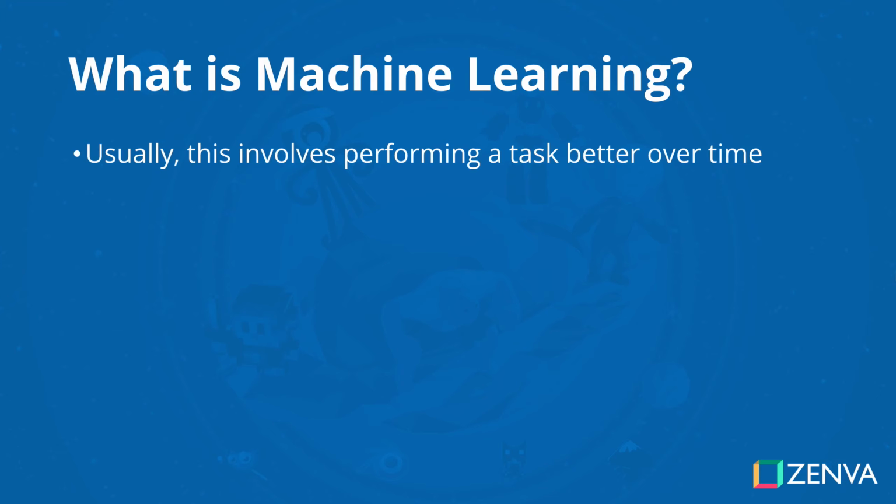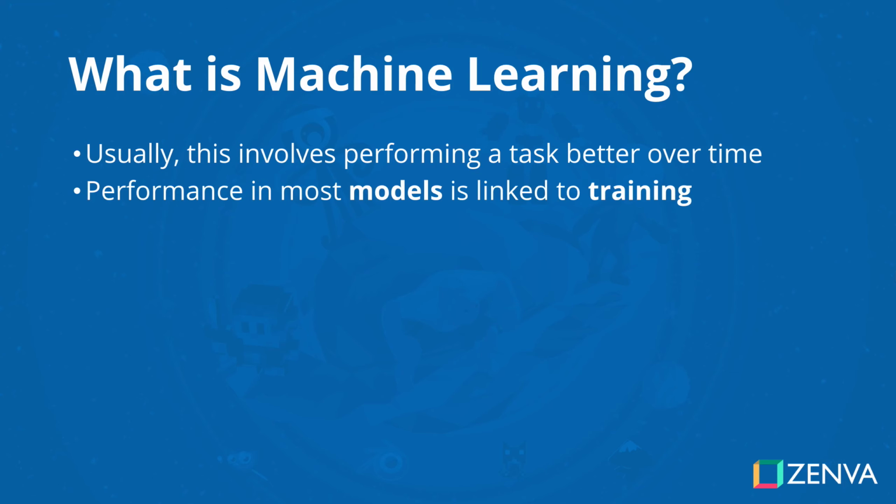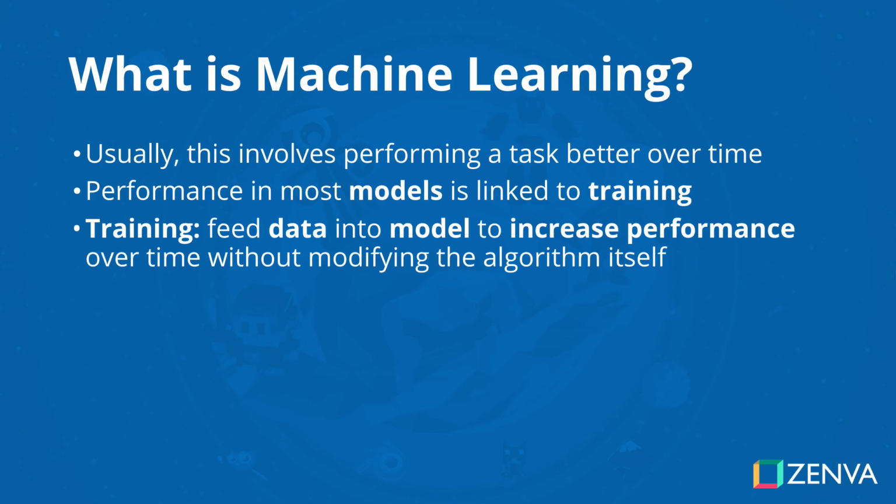So usually machine learning does involve performing a task better over time, otherwise there's not really an aspect of learning involved. Performance in most of the models, not all of them however, is linked to this concept of training. Now we'll go into training in greater detail later, but for now this is essentially feeding data into a model to increase the performance over time without modifying the algorithm itself.